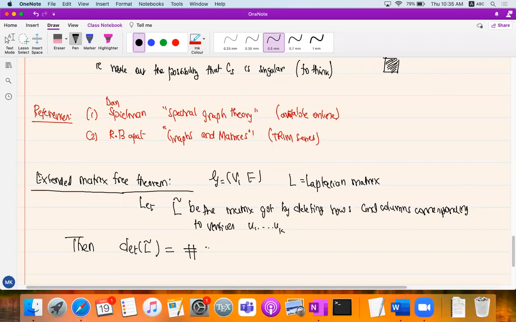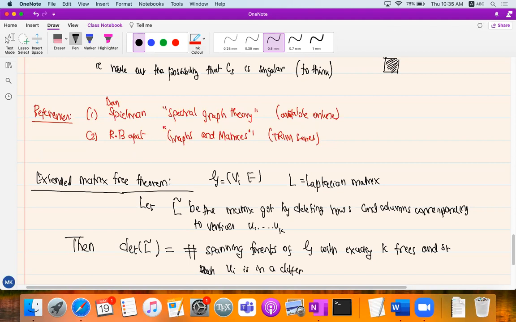So it is the number of spanning forests of G with exactly k trees, and such that each of the ui is in a different tree.